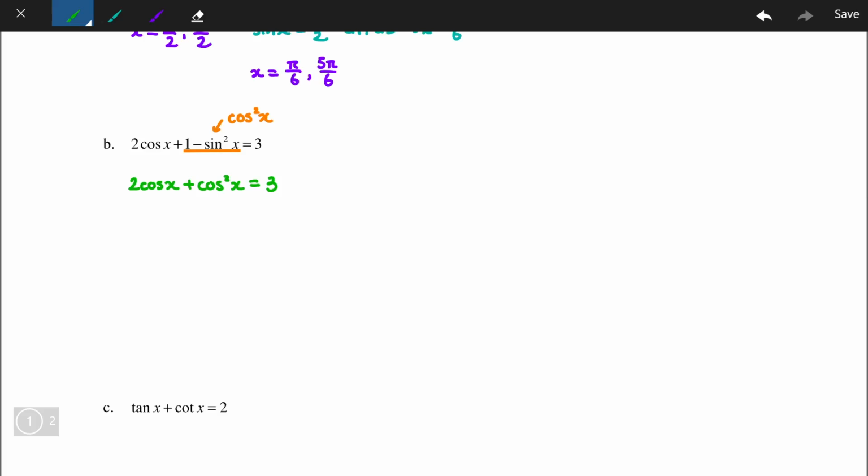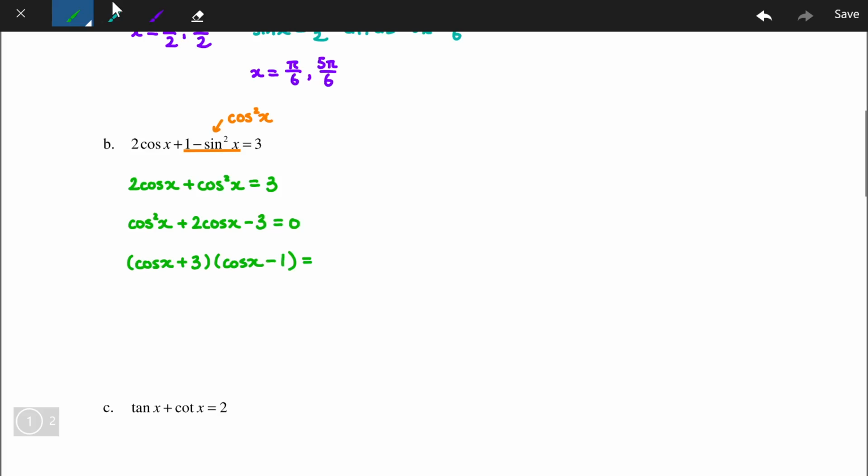Everything is in terms of cosine, so let's move everything to the left-hand side, and we have a kind of quadratic in terms of cosine x, so cosine squared x plus 2 cosine x minus 3 is going to be equal to 0. And we can factor this, of course, so we have two binomials. The first one is cosine x plus 3, and the second will be cosine x minus 1.